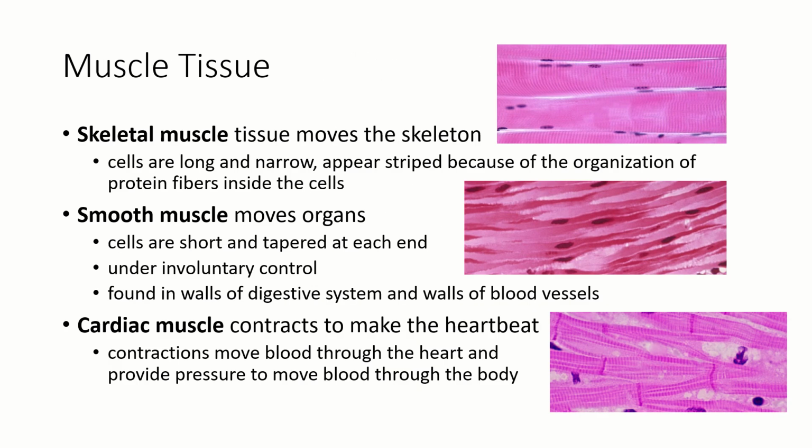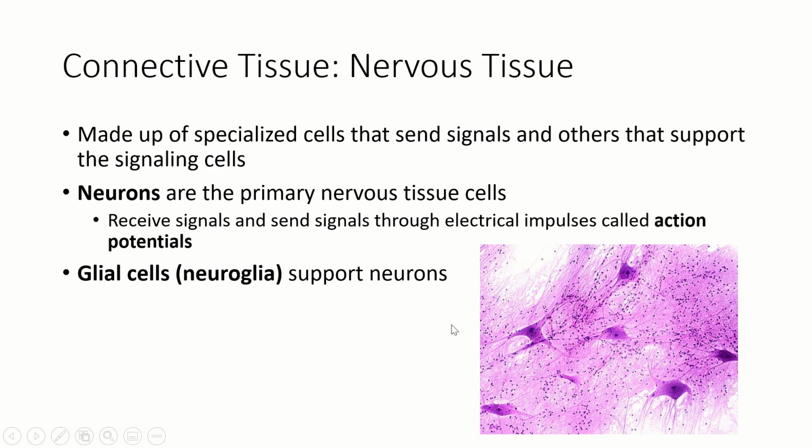Now, in the next section, we're going to get into nervous tissue. Actually, let's just do nervous tissue now. It's pretty fast. Nervous tissue makes up your nervous system, your brain, your spinal cord, all of your nerves, and all the receptors in your organs and skin that tell your brain what's happening. All of that is nervous tissue. It has very, very specialized cells that we only see in nervous tissue, and they send signals to other cells using electricity.